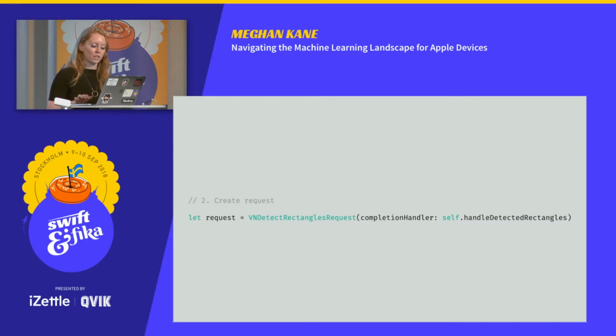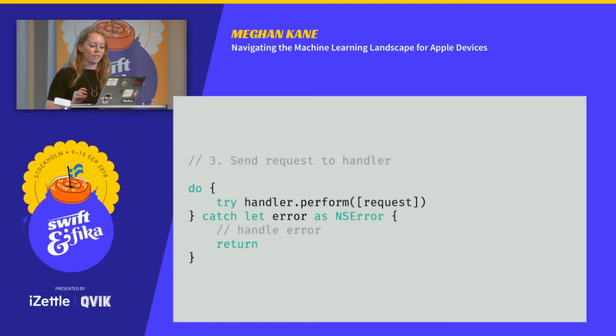And we're going to pass it a completion handler, so you can pass whatever you'd like to do once you get the results back. Next, we're going to be performing the request on the handler. It's really as simple as just calling handler.perform with the request. It can take an array of requests, but we only have one in our case, so we'll just pass the one. And of course, you want to handle the error.